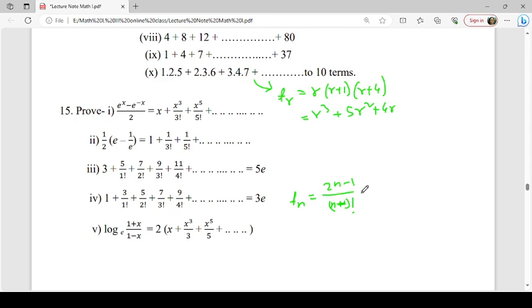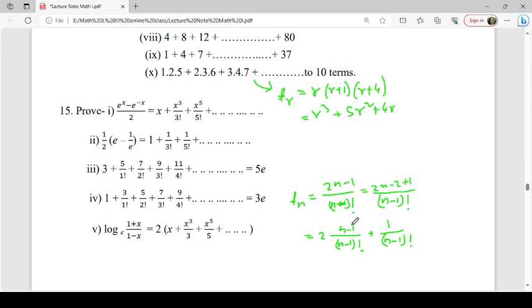Now we simplify it: 2n minus 2 plus 1 gives n minus 1. Then this is equal to 2 into n minus 1 by n minus 1 factorial plus 1 by n minus 1 factorial.